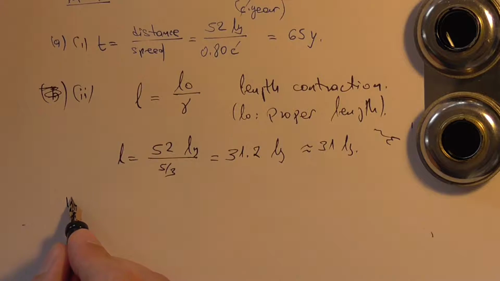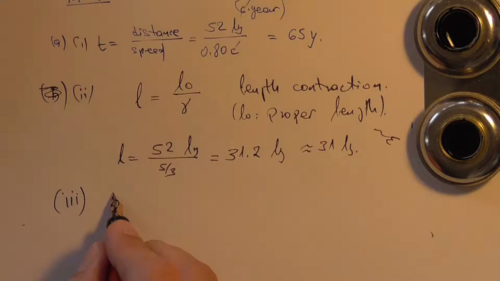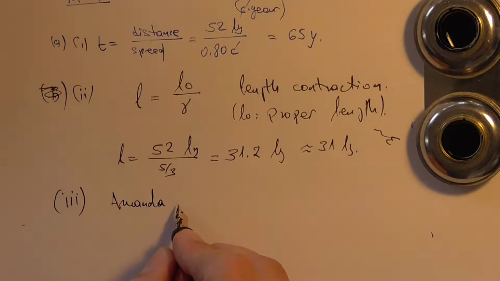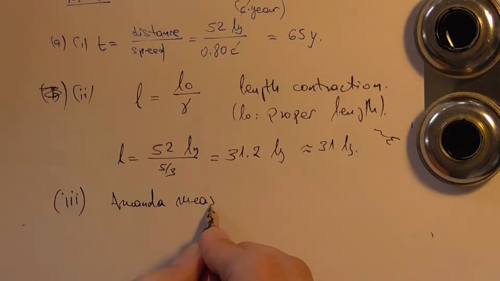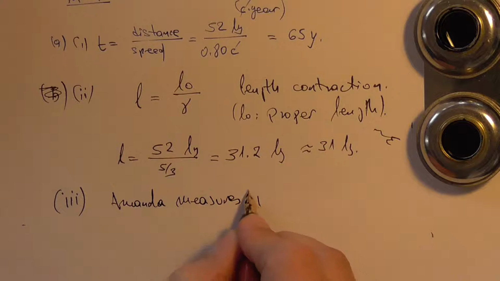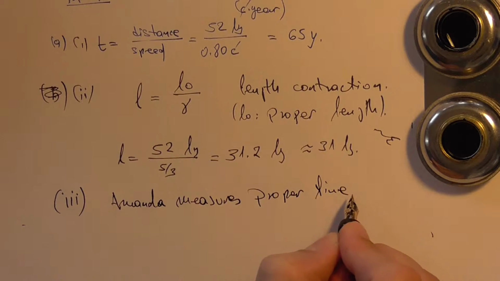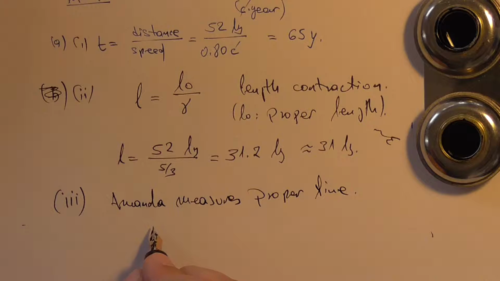So we can say that for number 3, Amanda measures proper time. So that would be T0, T over gamma. Now remember, gamma is always greater than 1, and the proper time is the least time measured by any observer.